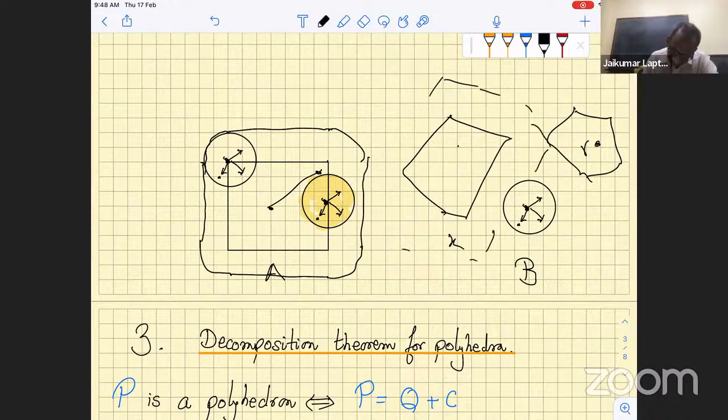I let you convince yourself that it will have k plus r vertices, or something like that. So the notion of sum is clear. It is like vector spaces, but from each, you take a vector from one, take a vector from the other, and add them up using the usual law of vector addition. Nothing special about addition.